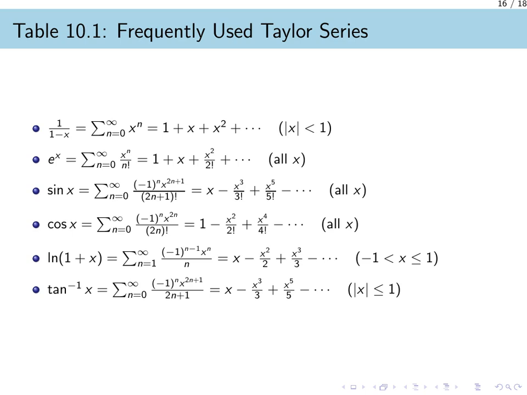This makes them extremely powerful. In contrast, the geometric series, the natural log, and the inverse tangent series are only valid within a specific interval of convergence. It is critical to always be mindful of this interval when using a series.